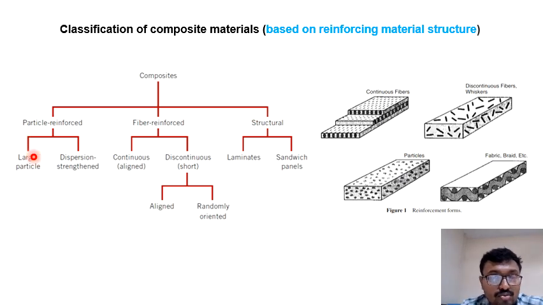Particle reinforced has two types: large particle and dispersion strengthened. Fiber reinforced: continuous and discontinuous. Structural: laminates and sandwich. Discontinuous here means aligned and randomly oriented. So these are the classifications of composite material based on the reinforcing material.